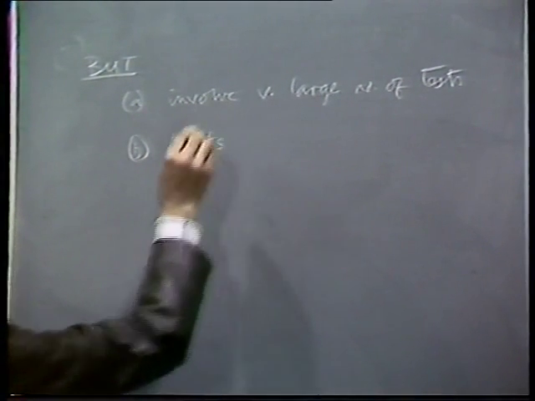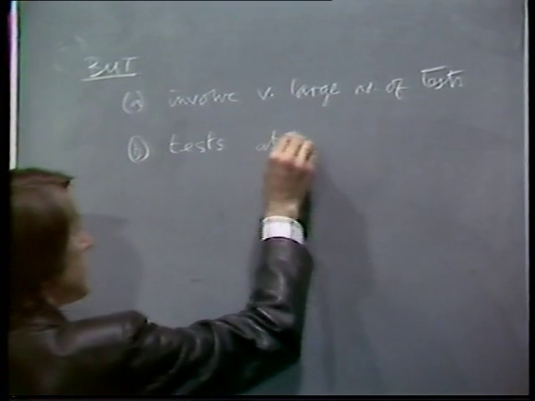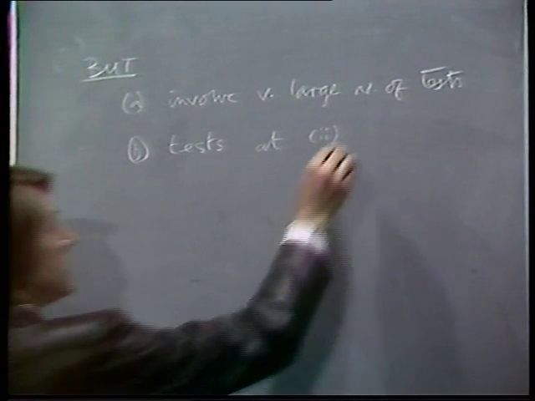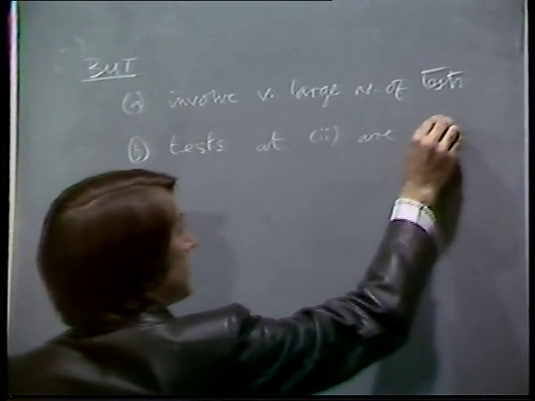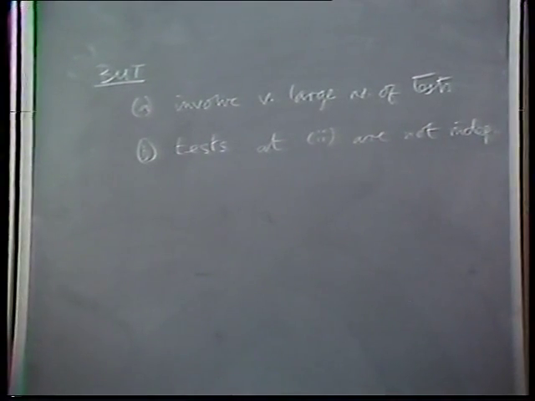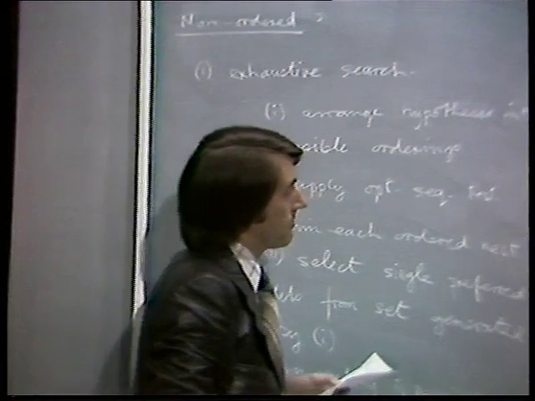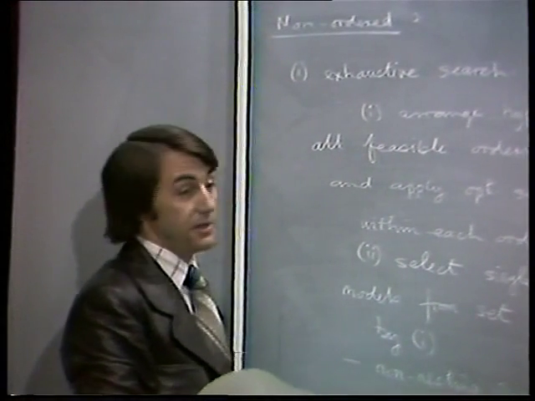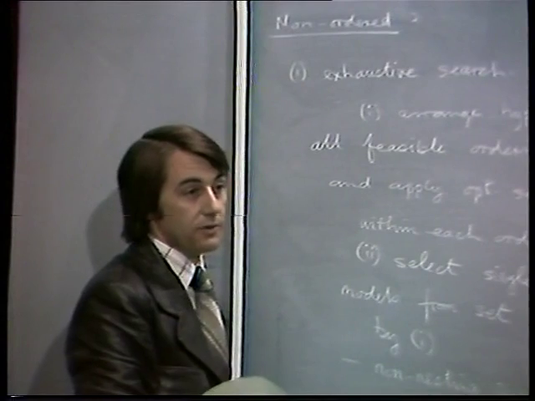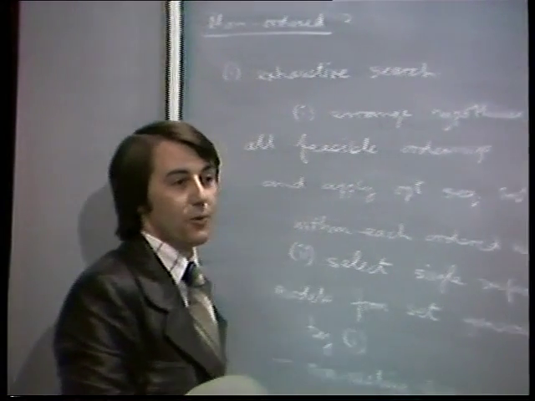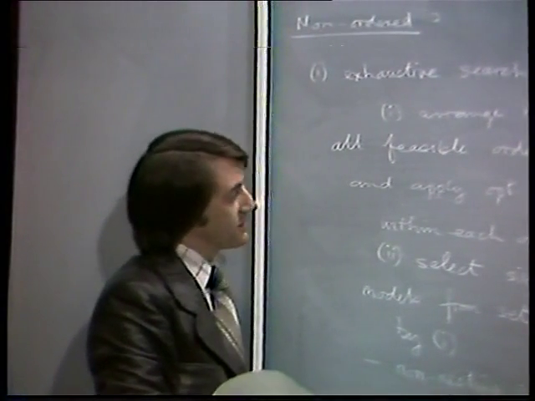Secondly, the tests at the second stage are not independent, which now means that it's impossible to argue that this procedure is uniformly most powerful. The best that you could argue is that it has reasonable power properties.